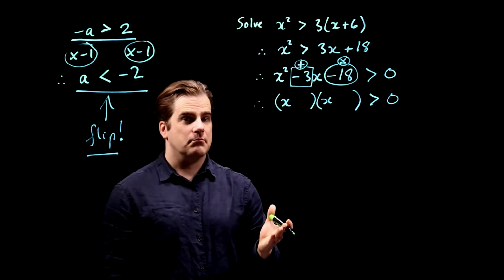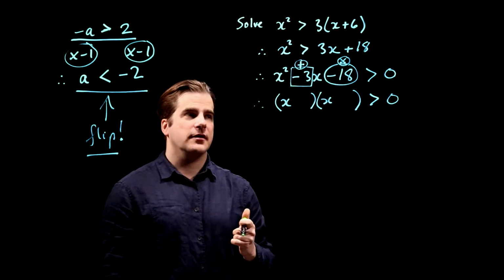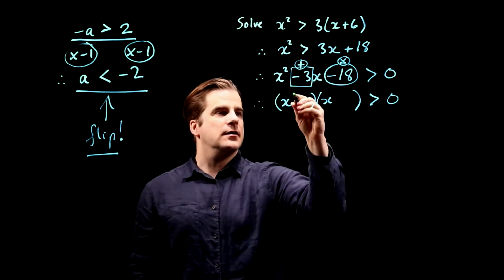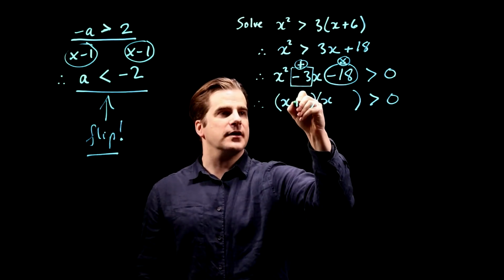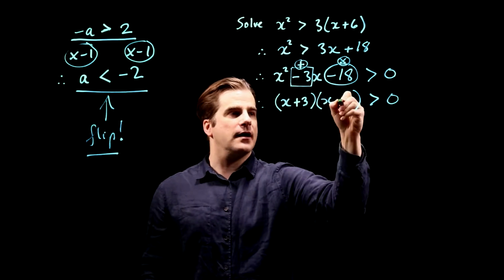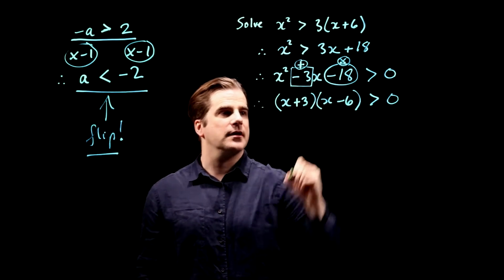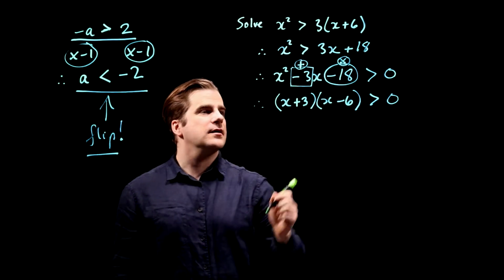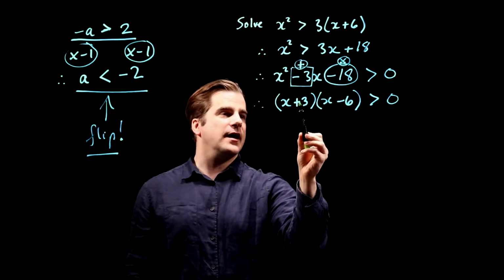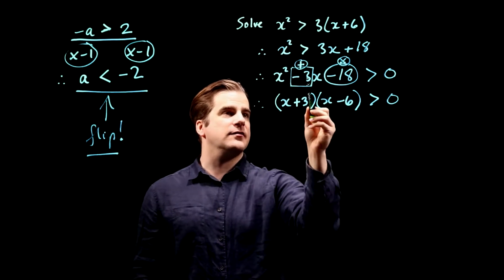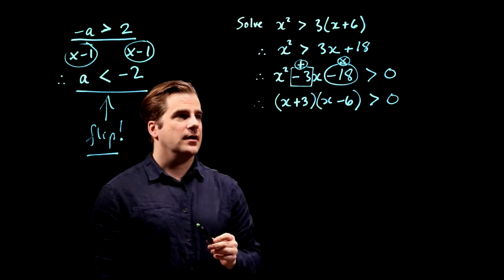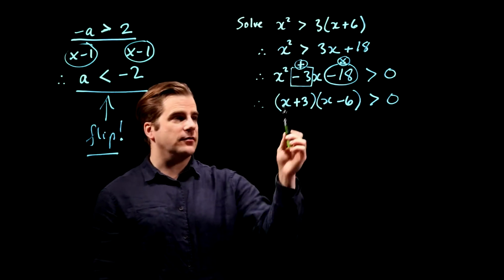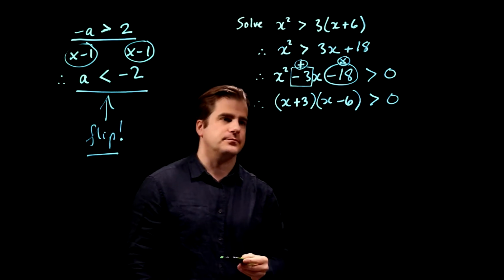Can you think of them? I think it's going to be 3 and 6, because if we go plus 3 and minus 6, they do indeed multiply to give minus 18, and plus 3 minus 6 gives you minus 3. So there we go, we factorized it.